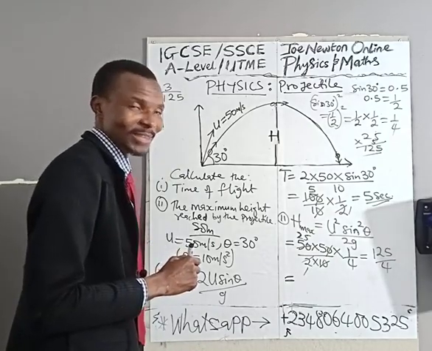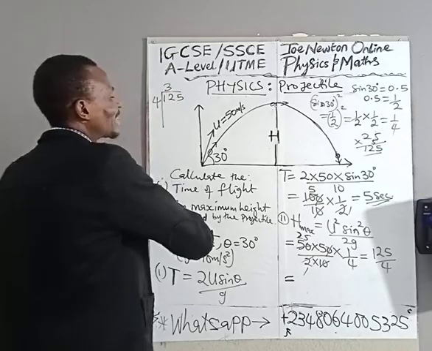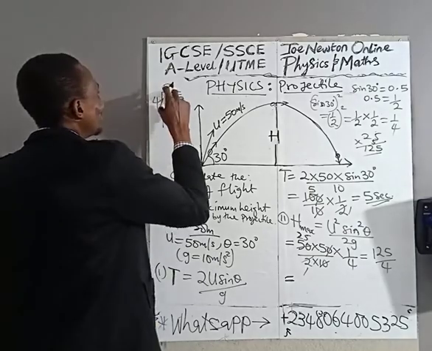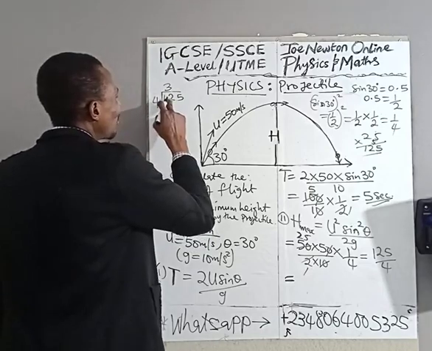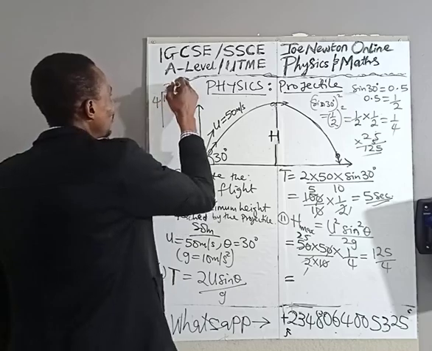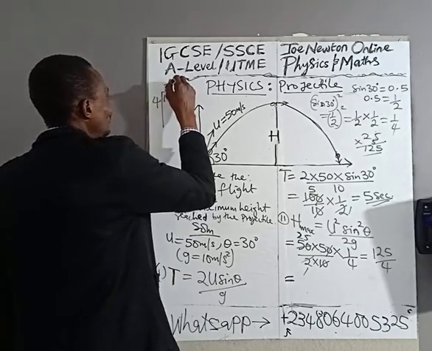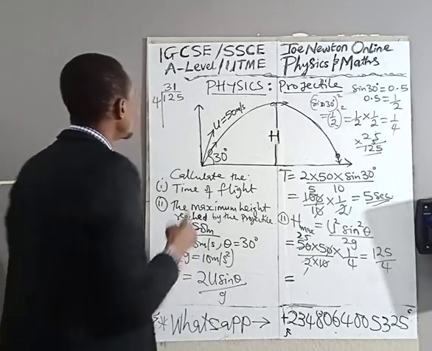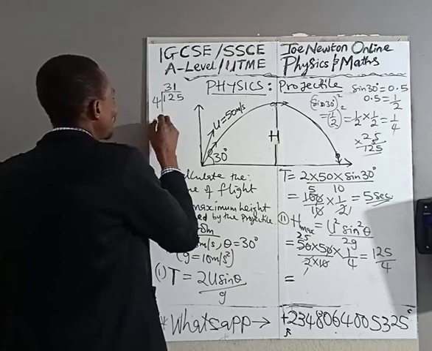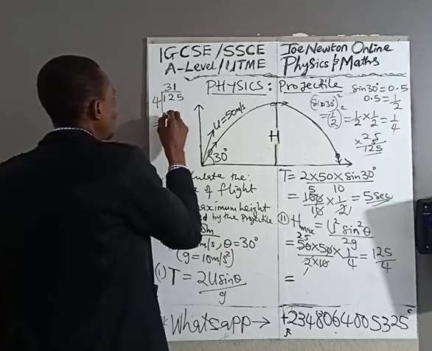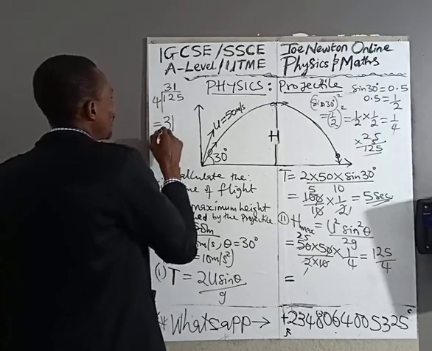Stay tuned though. Then 4 divided into 12, you get 3. 4 divided into 5, get 1, remainder 1. Remember 1. Good. So in this case, we got 31 as a whole number.